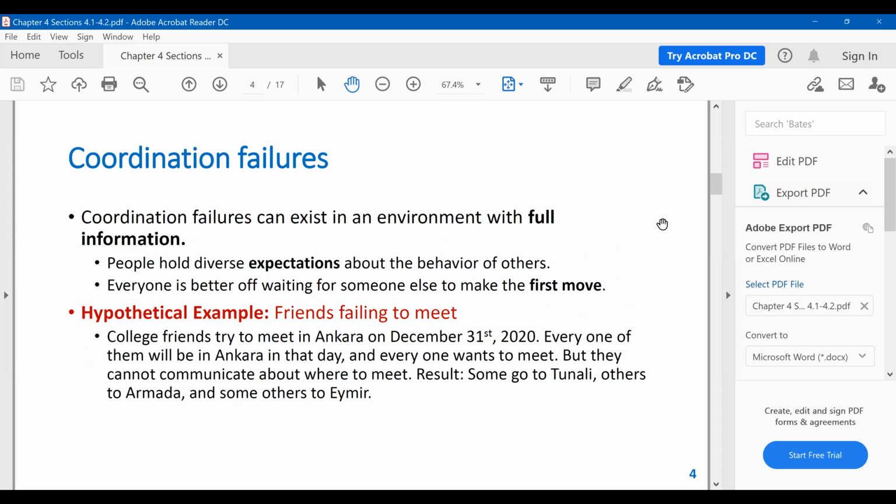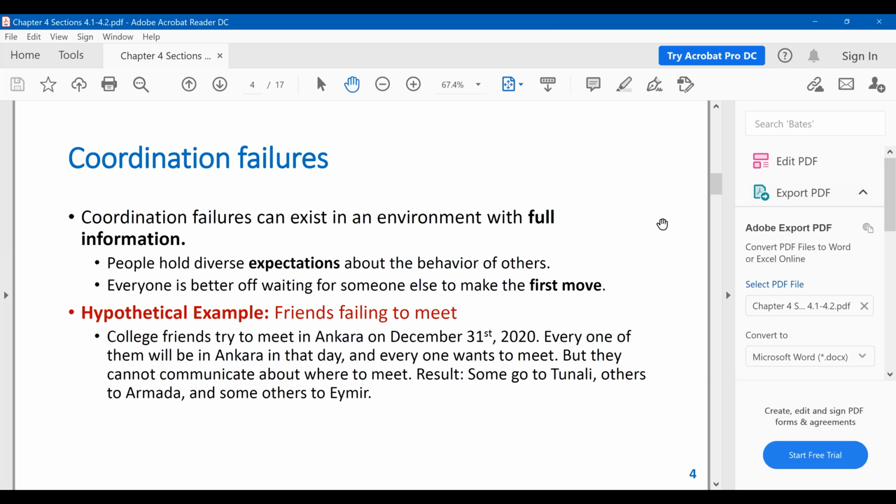Interestingly, coordination failures are not about information. Okay. So even if everybody has full information, we can still observe coordination failures. Why? Because people's expectations can differ.